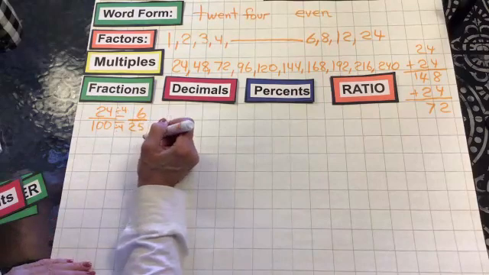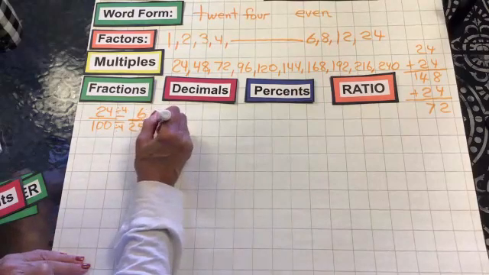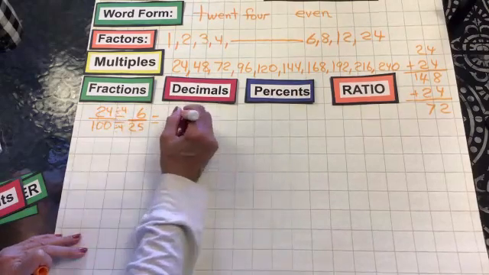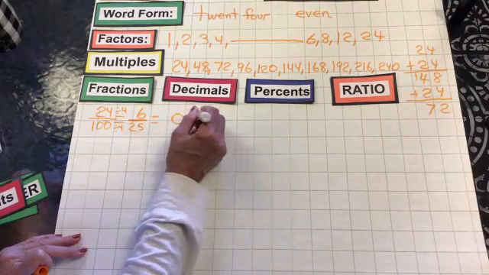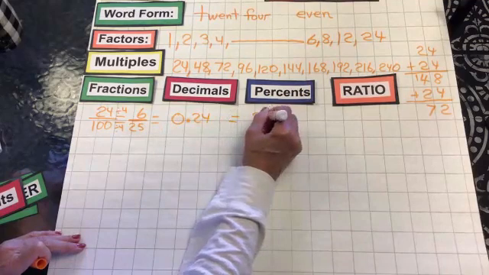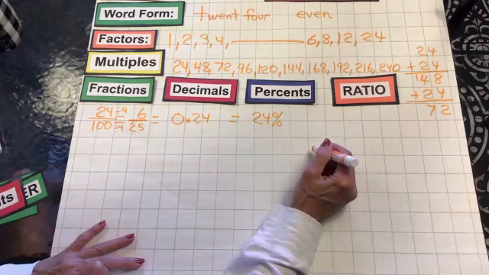So our equivalent fraction of 6/25 is the same. It's equivalent. But we go back to our hundredths to do decimal, and that would be 0 and 24 hundredths. And that percent would be 24%. 24 out of 100 is 24%.